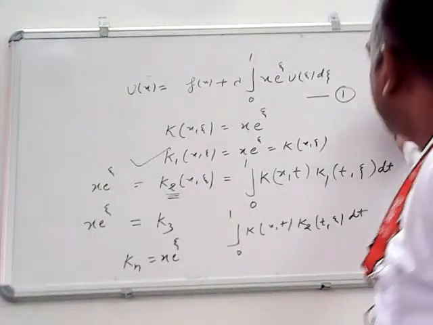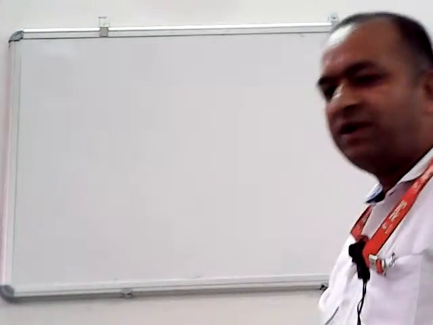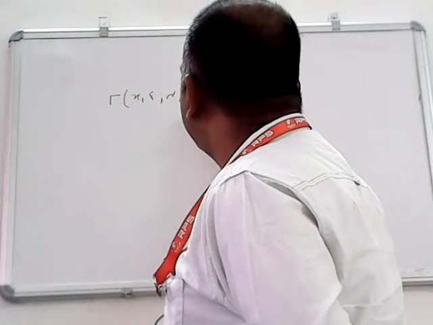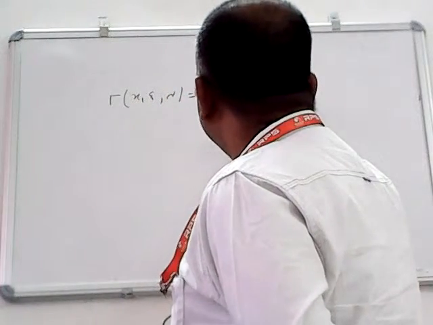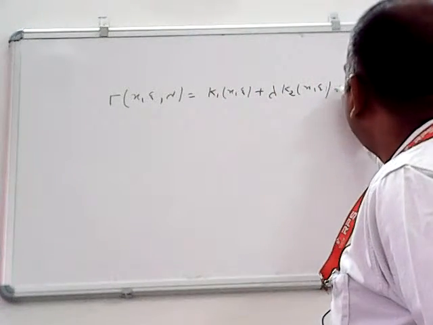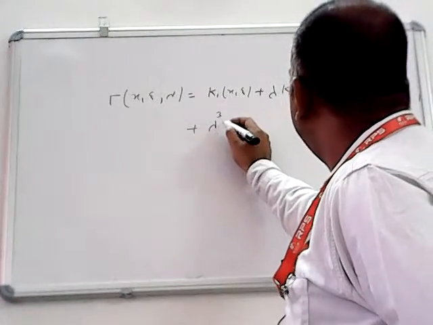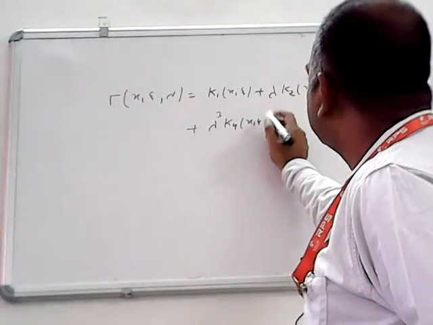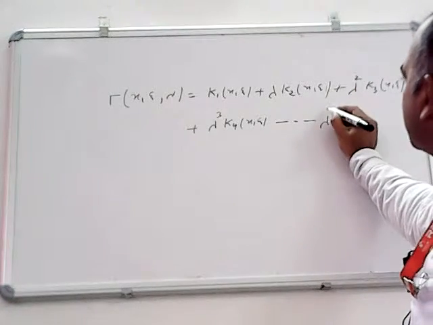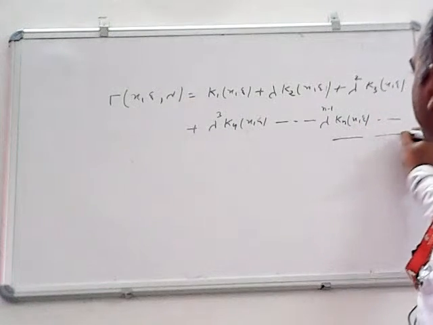Now, according to the formula of the resolvent kernel, gamma(x, xi; lambda) is given by K1(x, xi) + lambda K2(x, xi) + lambda square K3(x, xi) + lambda cube K4(x, xi), and so on up to lambda^(n-1) Kn(x, xi), and so on up to infinity.